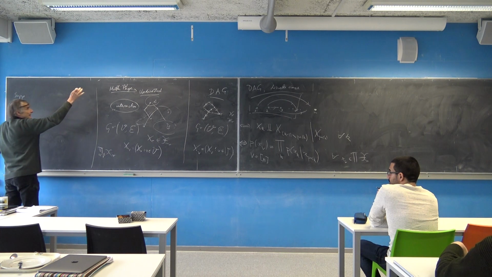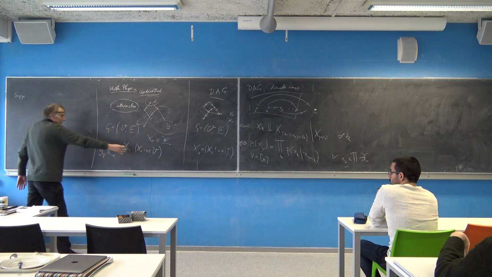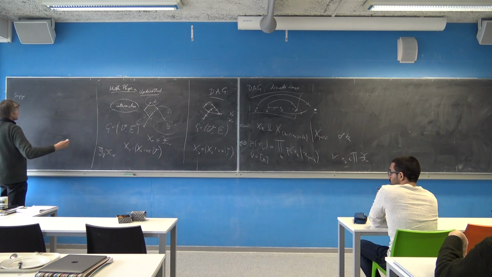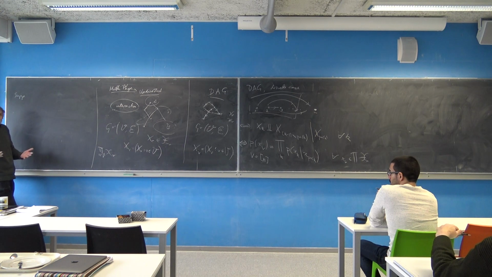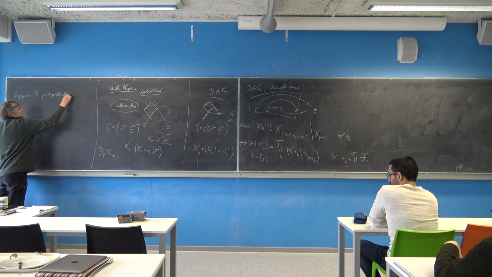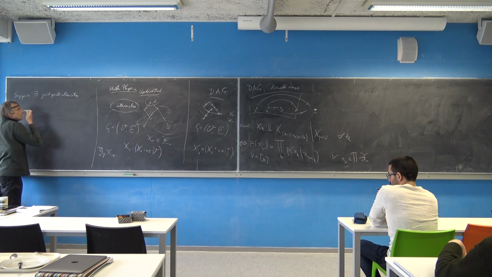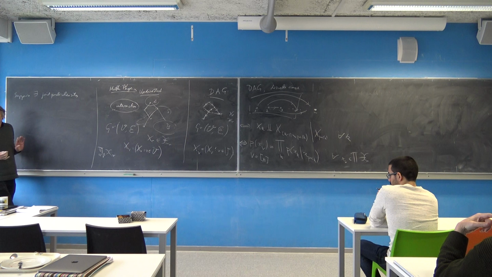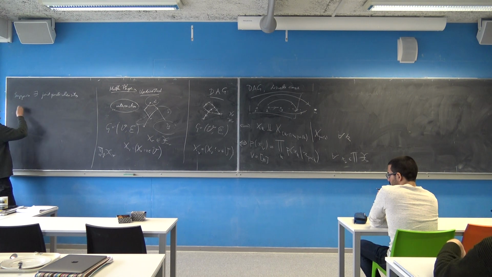So I'm assuming an undirected graphical model, a graphical model belonging to an undirected graph, and I suppose there exists a joint probability density. So that's certainly the case in the discrete case, and it may or may not be the case for other things. I don't say anything about zeros yet.